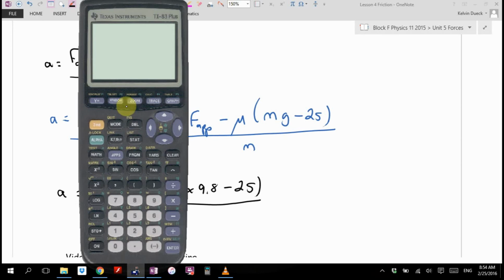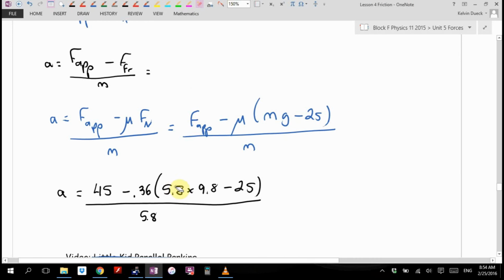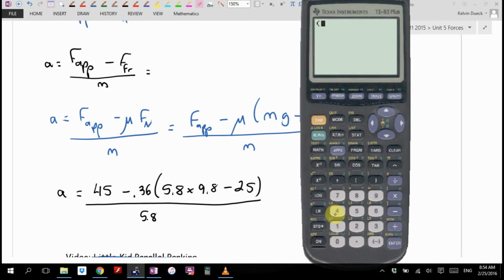This is also your time to figure out how to type that in. Oh, Cohen, is this a big fraction? Is there more than one thing on the top? Better put the top in brackets. And this also, Cohen, already has to be in brackets, so I'm going to end up with a big uber bracket, 45 minus 0.36, open bracket, 5.8 times 9.8 minus 25, close off the mini bracket, close off the top.